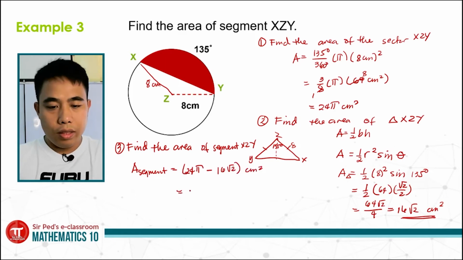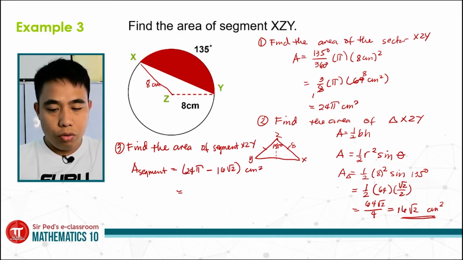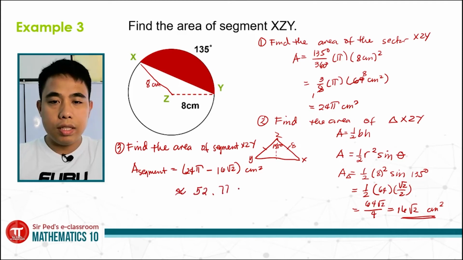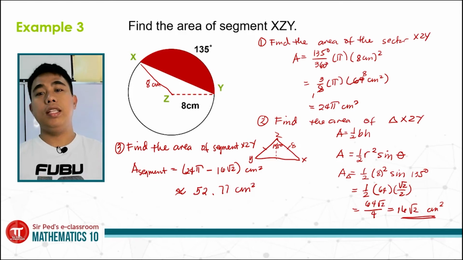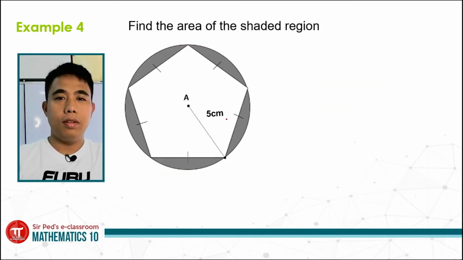So we can round off that. That is now the answer, but we can round off that to 2 decimal places. That is approximately equal to 52.77 square centimeters. That is how we find the area of the segment.